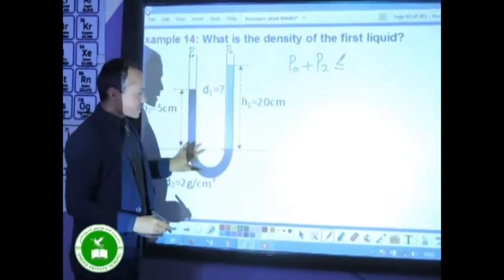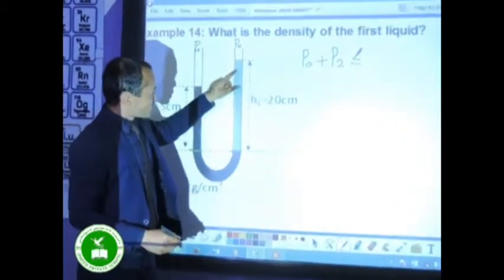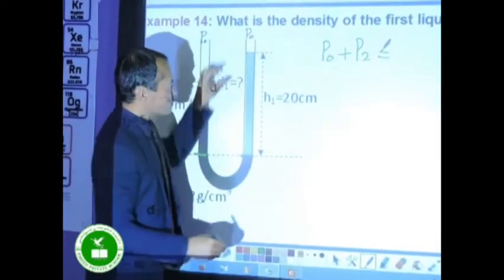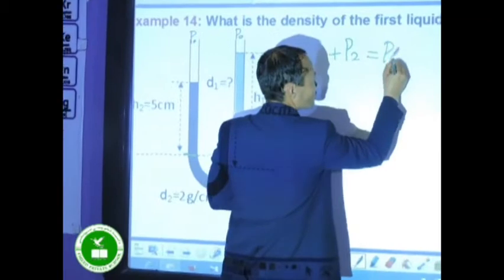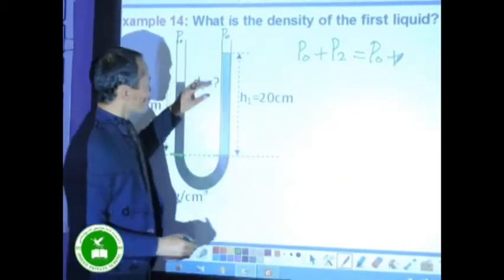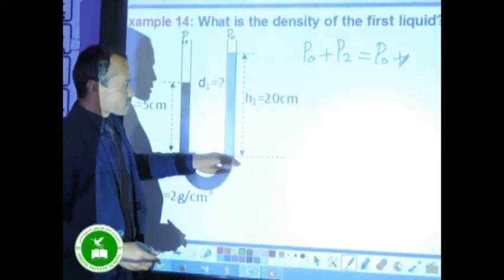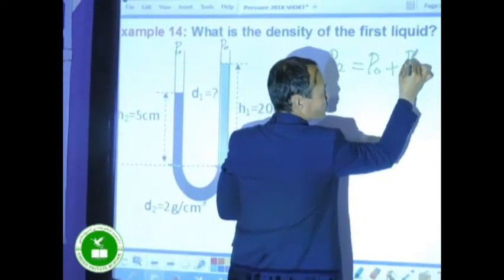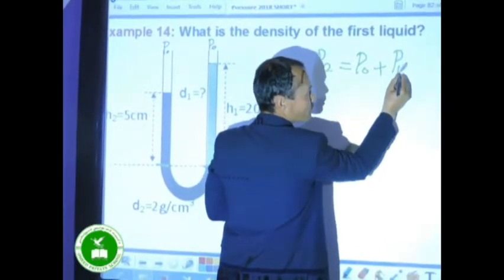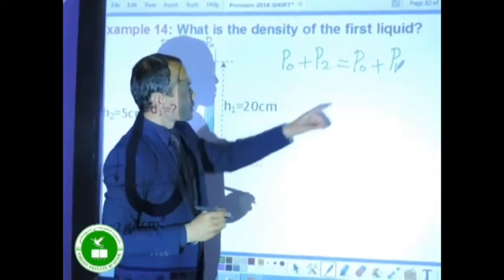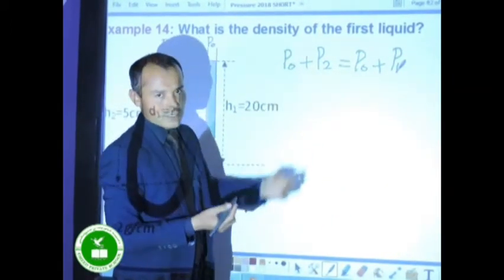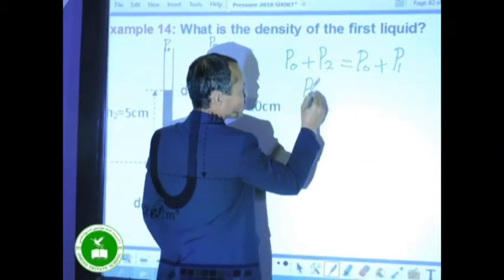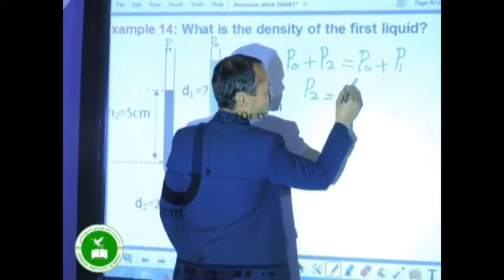This side finished. Now let's take this side. P0 plus pressure of this liquid number 1. P0, we can cancel them. So P2 is equal to P1.